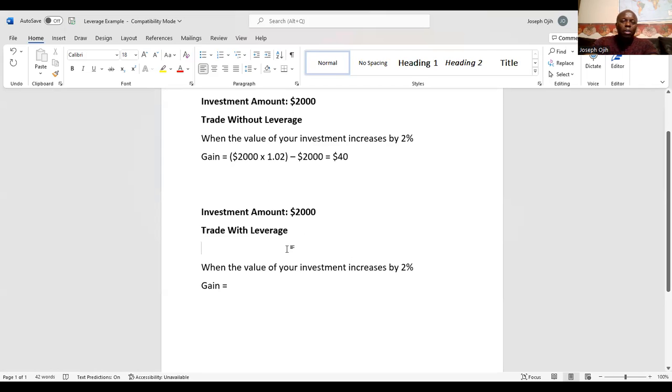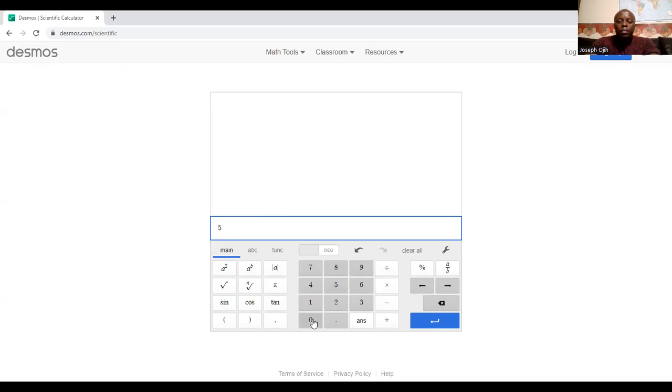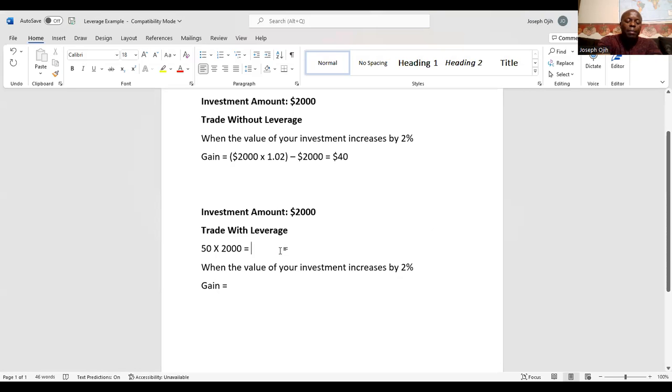They'll give you 50 times 2,000 as a loan. They multiply the amount you have by 50, which gives you $100,000. The way they calculate the loan, the maximum amount they can give you is by multiplying by 50.